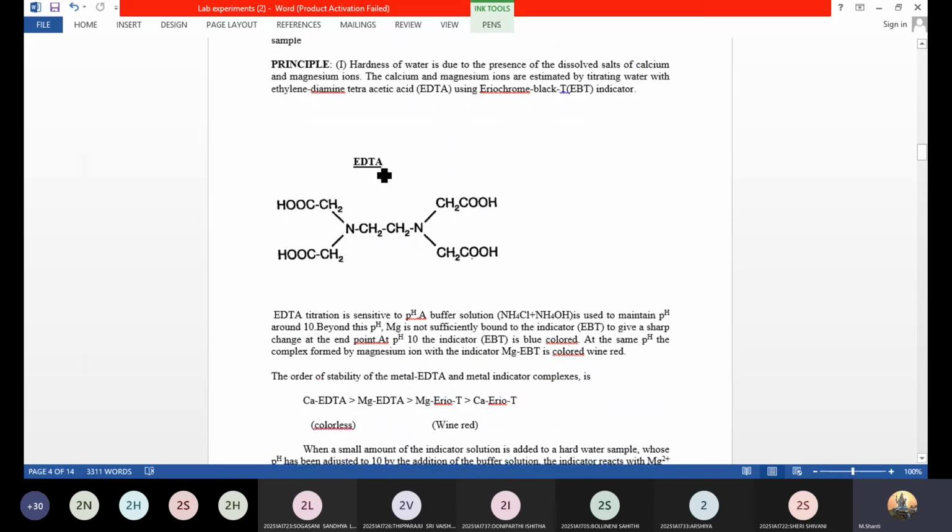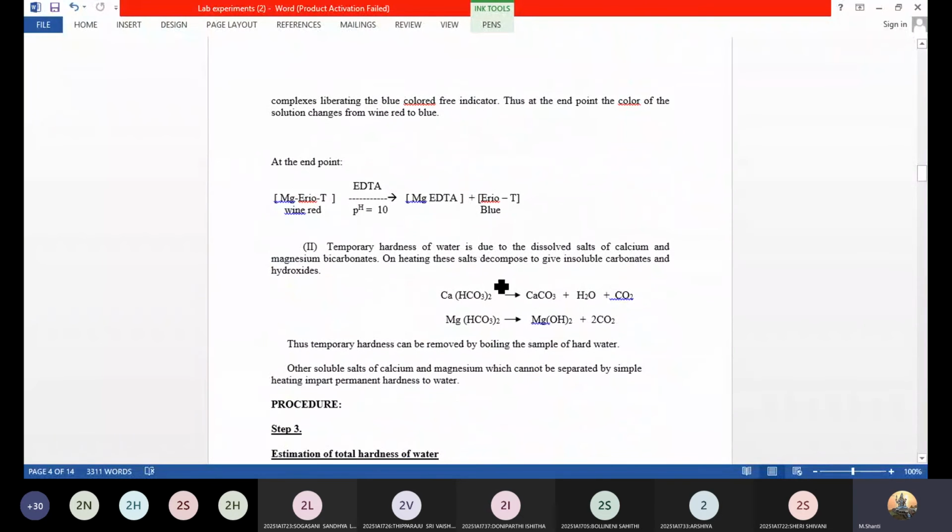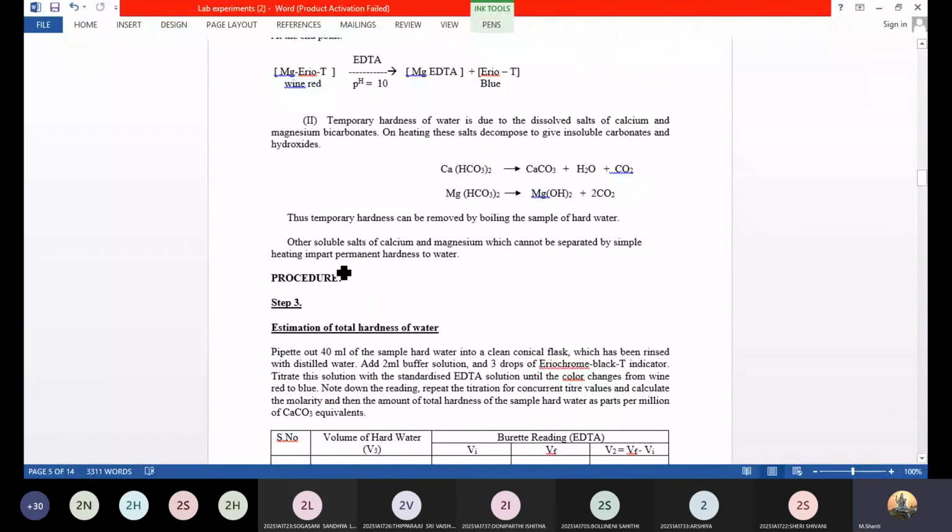The structure you can draw on the left-hand side, and then continue the entire principle part.